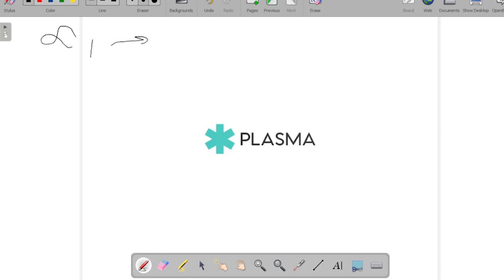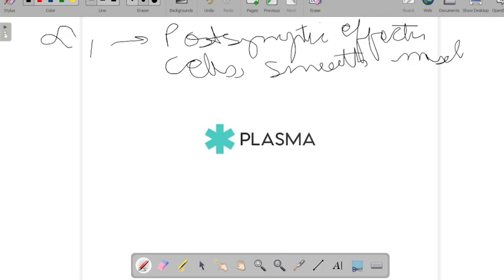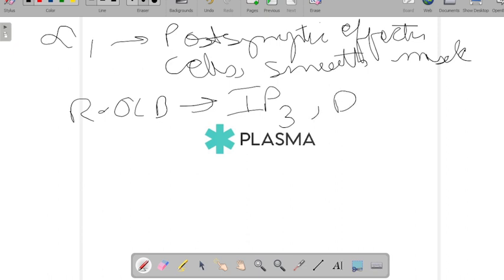The alpha 1 is present in postsynaptic effector cells. Smooth muscle. Right? Its result of ligand binding is formation of IP3, diacylglycerol, and increase intracellular calcium.